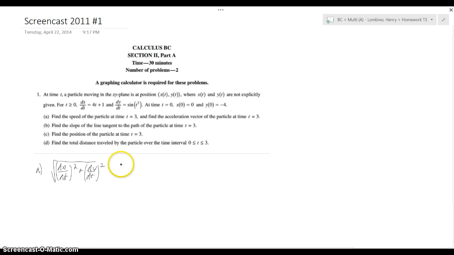We are given the speed in terms of y and the speed in terms of x, and we're trying to find the actual speed s. So we use the Pythagorean theorem and plug our different equations into that, and we will get our answer.